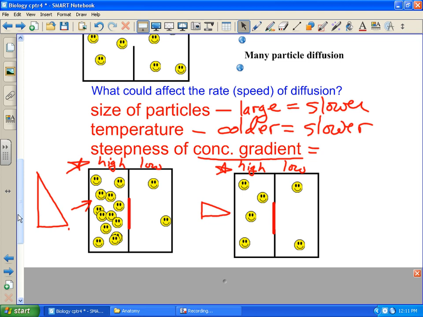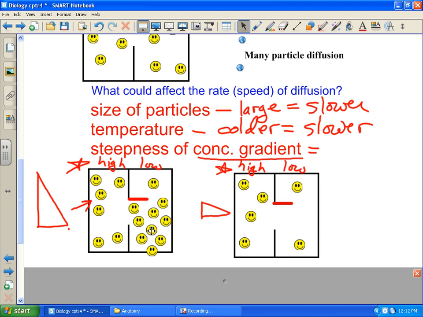Now, I think most of you can figure this out. If I open this door and this door at the same time somehow, which one's going to diffuse faster? Oh yeah. This one's just rip-roaring ready to get out of there.